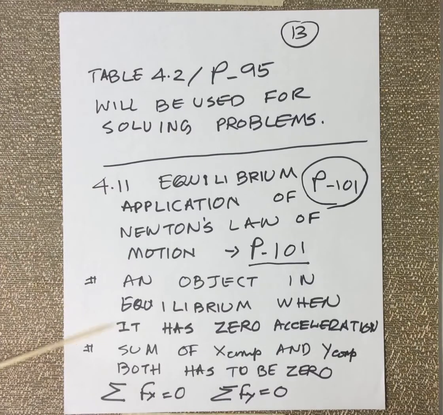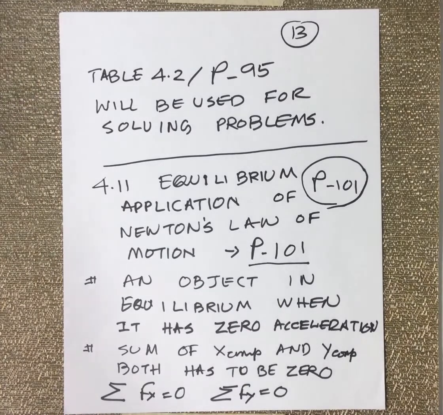An object is said to be in equilibrium when it has zero acceleration. Zero acceleration means it's not moving anywhere. And the sum of the x components and the sum of the y components has to be zero. Mind you, if the sum of the x components is not zero, then it will move in the direction of x. If all the forces are resolved and there is some value for the x component, then the object will move towards the x direction.